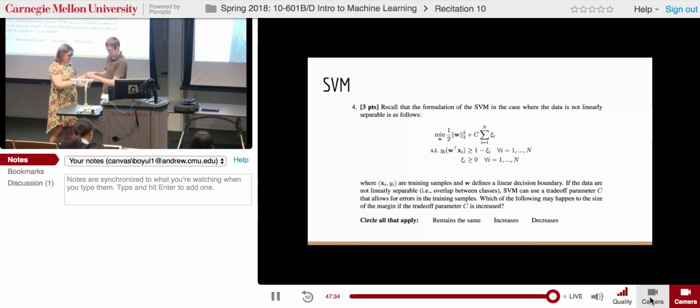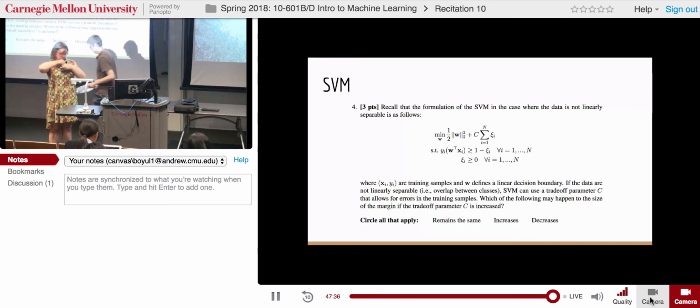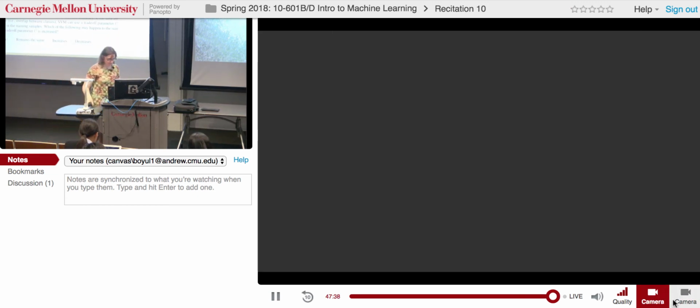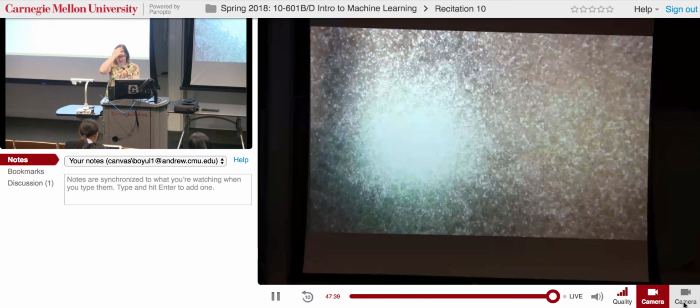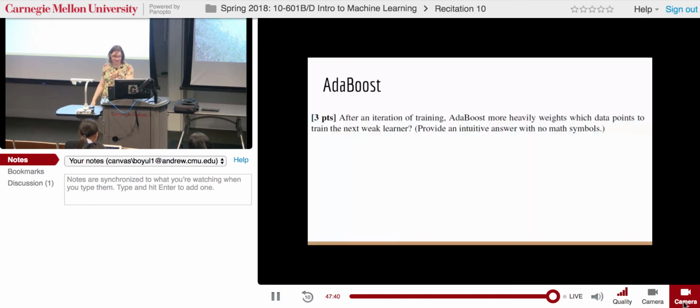In the linearly separable case it's really clear: you had a distance between the closest points between the two classes. In a non-linearly separable case, we are basically thinking of the margin as having more points correctly classified on either side and having the greatest distance between those correctly classified points.